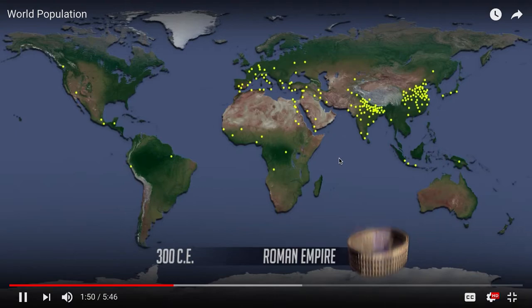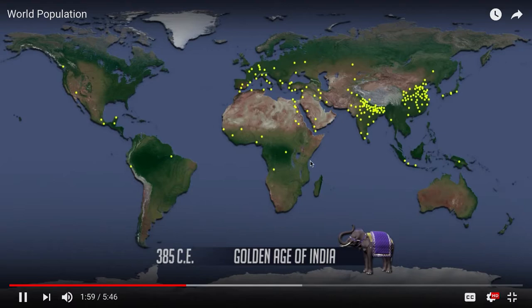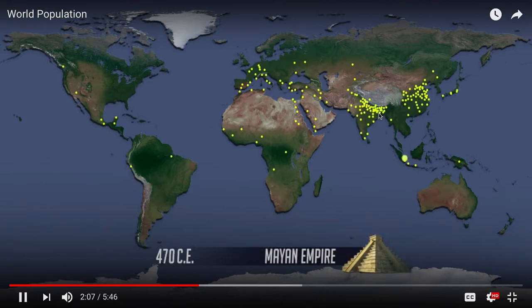So this is about 300 AD or CE. Okay, the golden age of India. Again, most of India's population is concentrated up here in the northern part. And the rise of the Mayan Empire in Mesoamerica. So again, holding strong there. Got a few million people over here.